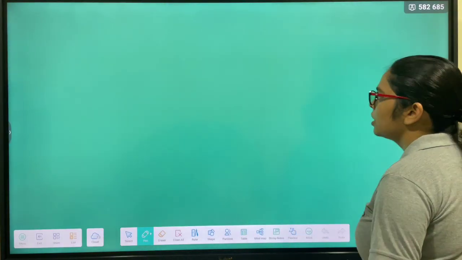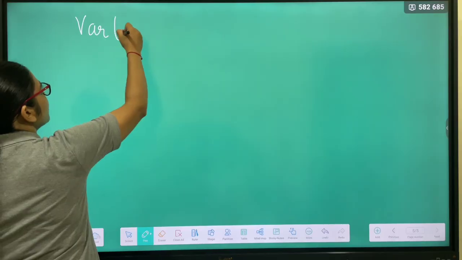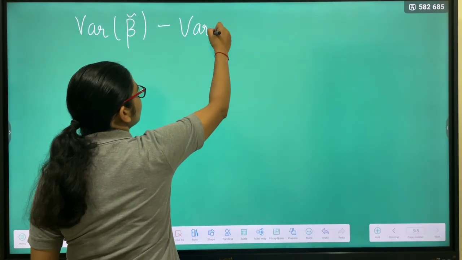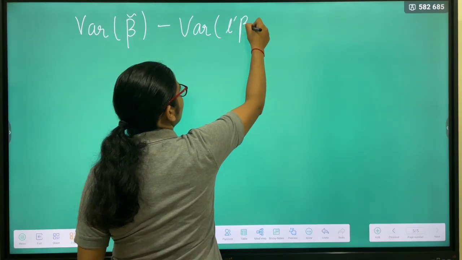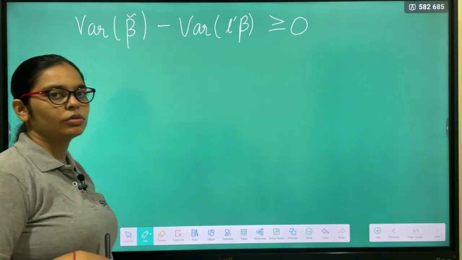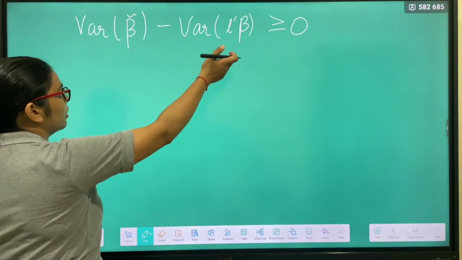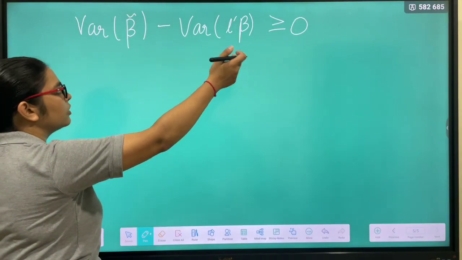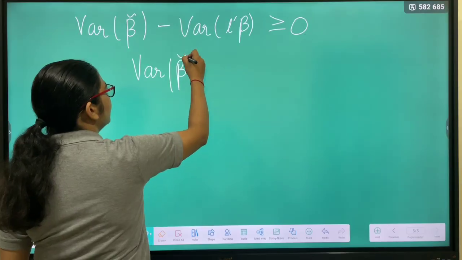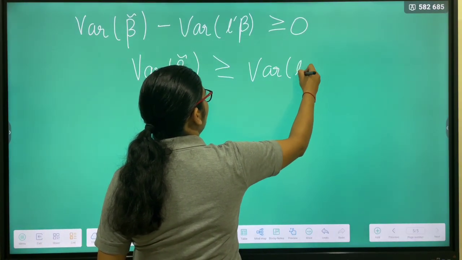Now moving on, we can write that variance of beta curl minus variance of L dash beta should also be greater than or equal to 0, because it is equal to A dash H bar A. Now taking variance of L dash beta on the right hand side, we will get variance of beta curl is greater than or equal to variance of L dash beta.